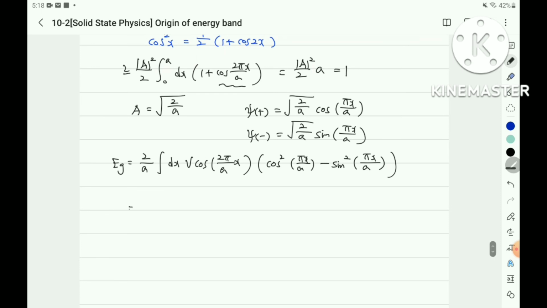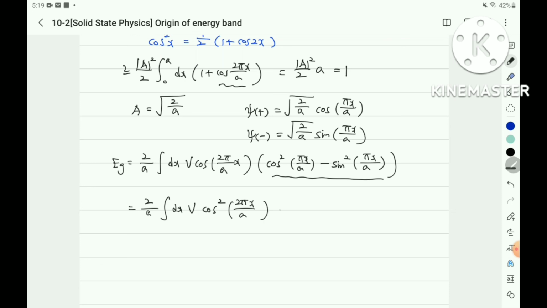Then here it is the cosine of 2 pi x over a. Therefore, it is 2 over a times the integral dx of V cosine squared of 2 pi x over a.